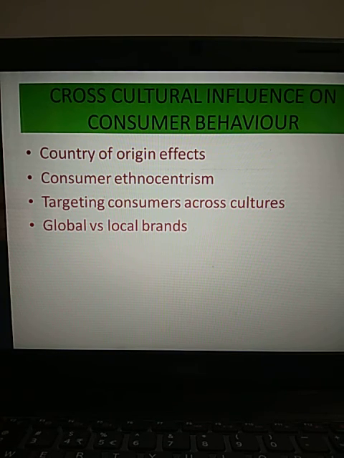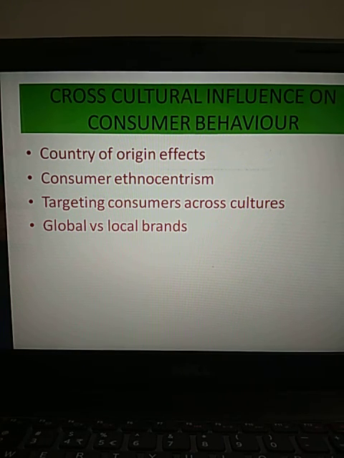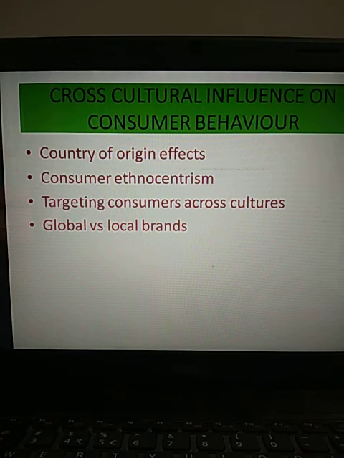These are a few of the influencing factors on consumer behavior in cross-cultural marketing. The first one is the country of origin effect. Based upon the country where the consumers are living, their customs and environmental effects are going to have a huge impact on the behavior of the consumer.